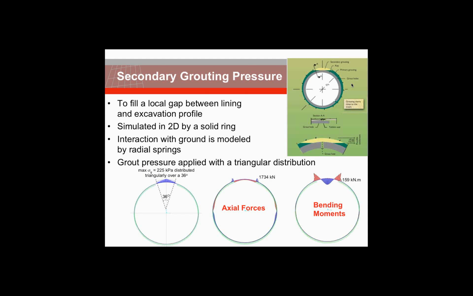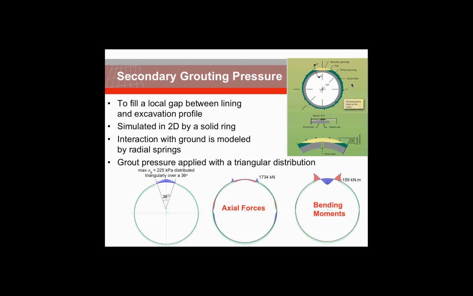Secondary grouting load case is also considered. This grouting, which is called check grouting as well, is performed when an annular gap exists between the ground and lining profile after the grout is hardened.